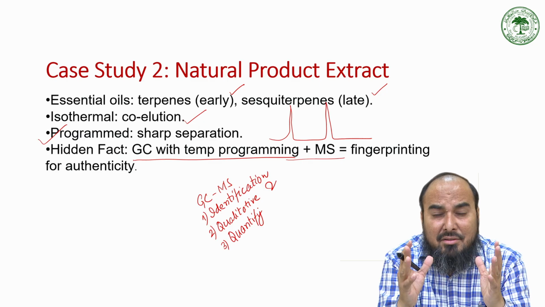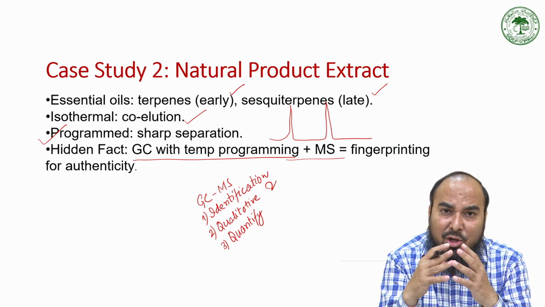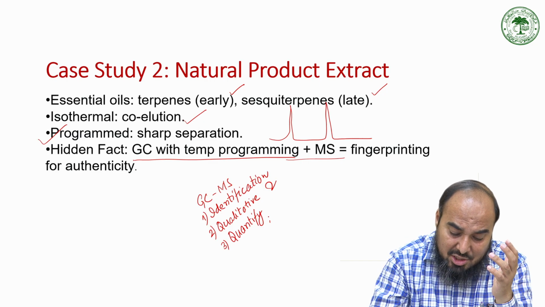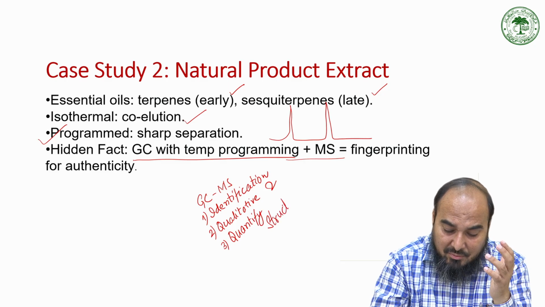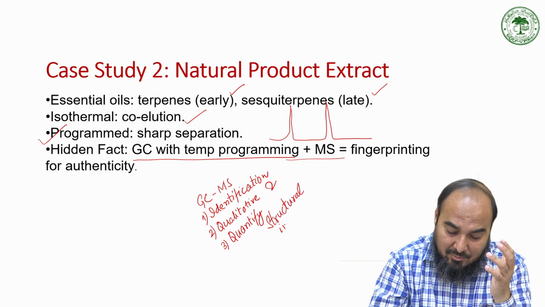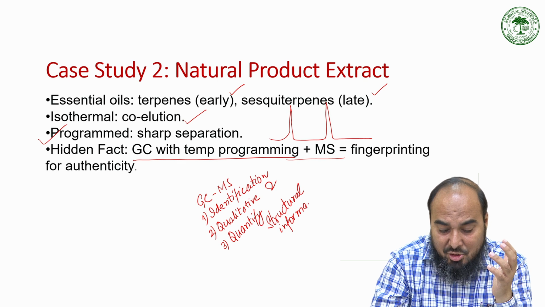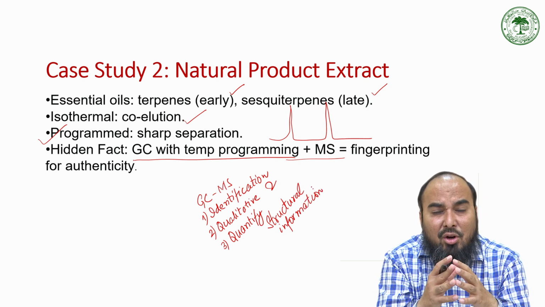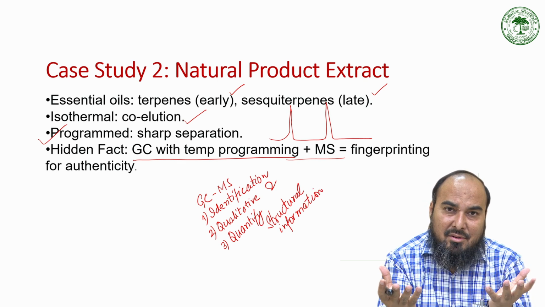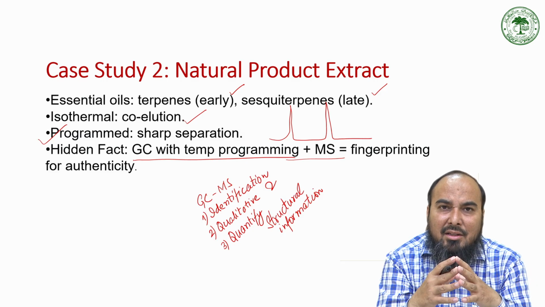So you can do three important things, and since you are doing mass, you also get structural information. So you can see the beauty of using the GCMS, for example, in the case of natural products.